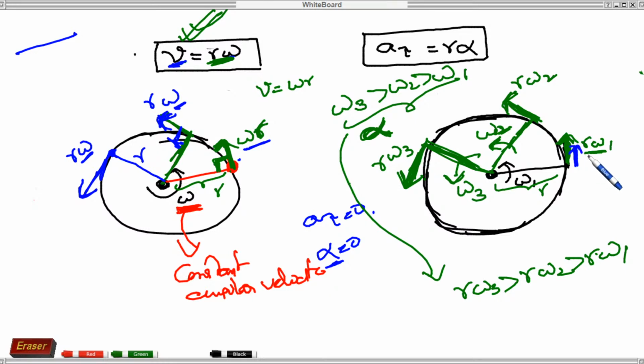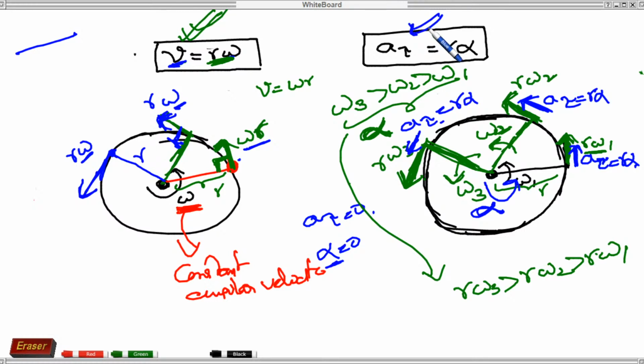This will be the tangential acceleration. Since omega 1, omega 2, omega 3 are increasing, suppose the angular acceleration is alpha, then AT is equal to r alpha.